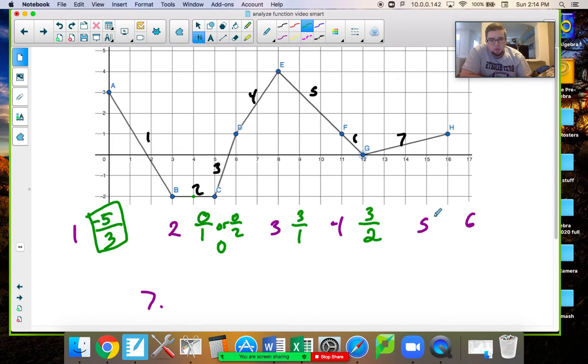So down 3, right 3, simplifies to -1 over 1, which we see because down 1, right 1 brings us to the graph, down 1, right 1 brings us to the graph, down 1, right 1. G is actually the exact same thing. Oh, the section 6. Last but not least, section 7, up 1, right 4. So that's analyzing our functions.